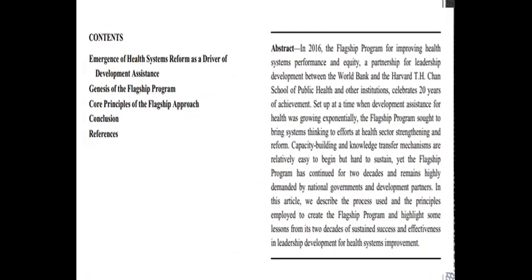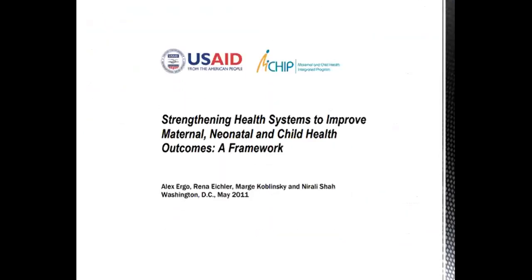The flagship program sought to bring systems thinking to efforts at health sector strengthening. Capacity building and knowledge transfer mechanisms are relatively easy to begin. Yet the flagship program has continued for two decades and remains highly demanded by national governments and development partners. It describes the process and principles employed to create the flagship program and highlights some lessons from two decades of sustained success and effectiveness in leadership development for health system improvement.